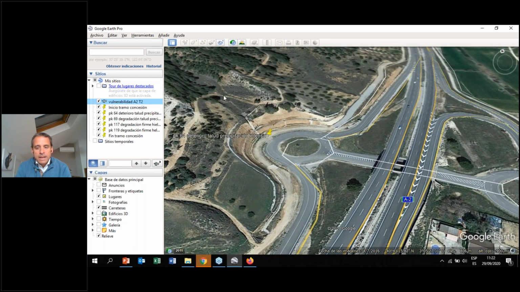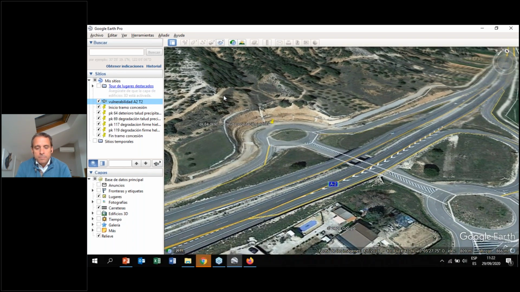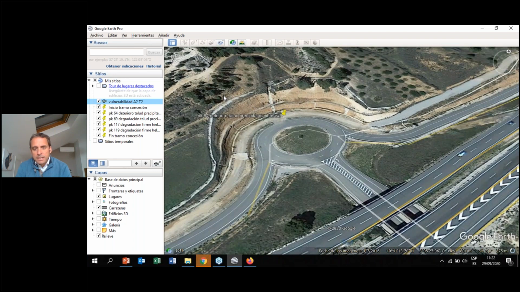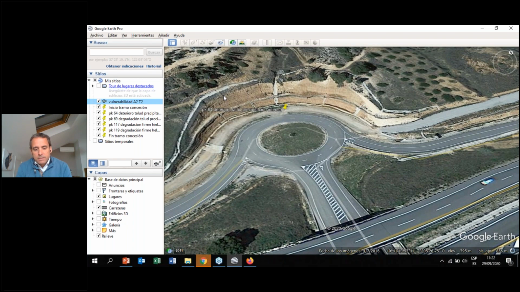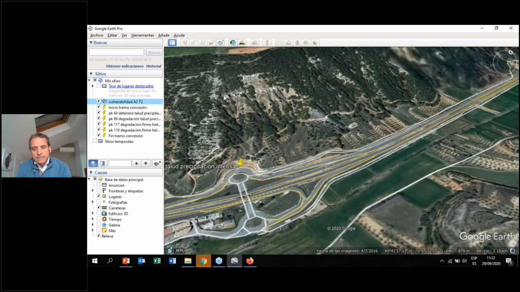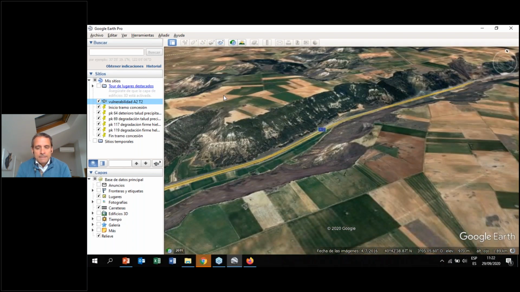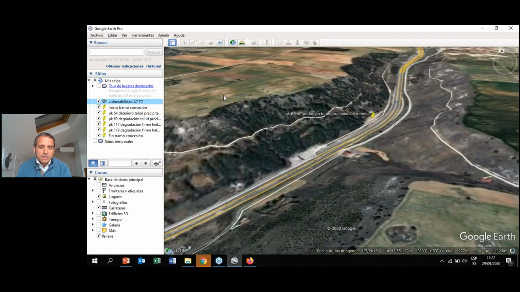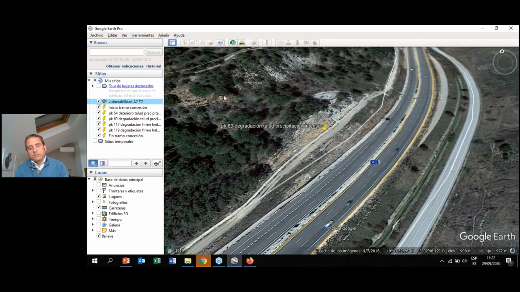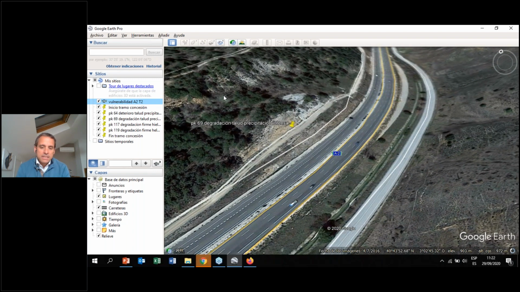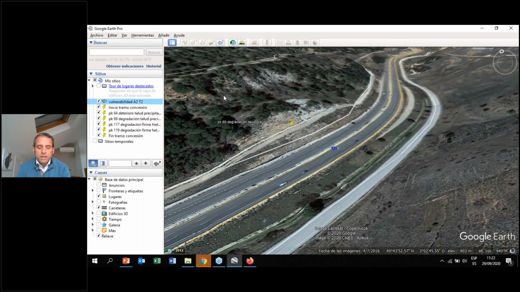It's a rather high altitude highway. It begins in the first kilometer of track at nearly 800 meters of altitude and ends at kilometer 135 at more than 1,200 meters of altitude. So winter maintenance is a key issue in this track.